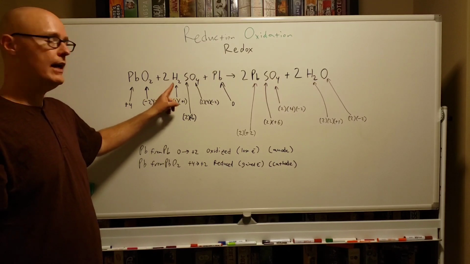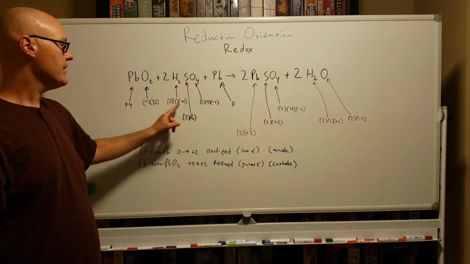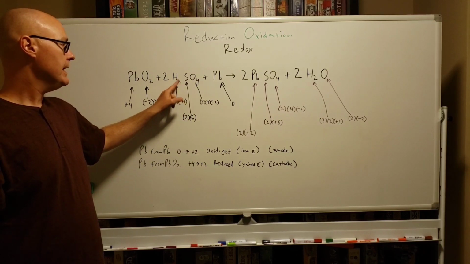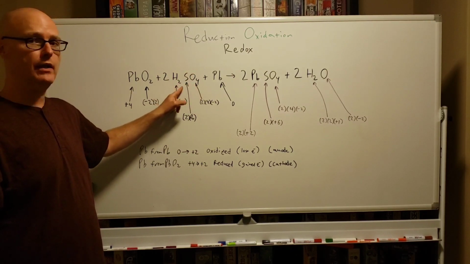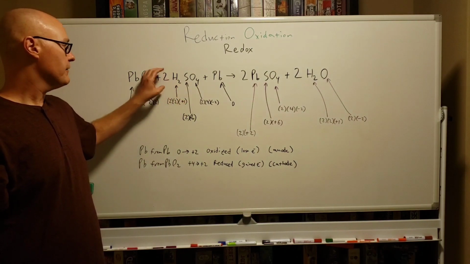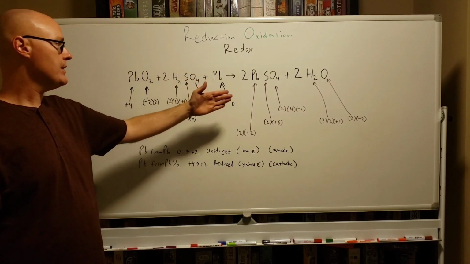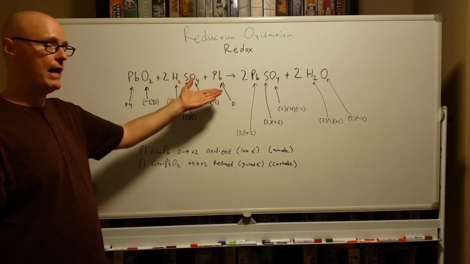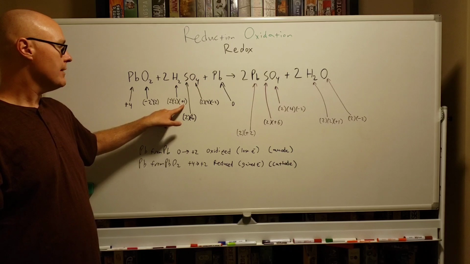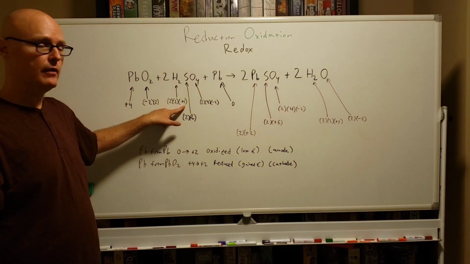The rule for hydrogen, in this case, hydrogen will be +1. I have 2 of them in each molecule of sulfuric acid. I have 2 molecules in the equation in order to make this balance. Therefore, I have 2 times 2 times the oxidation number of +1.